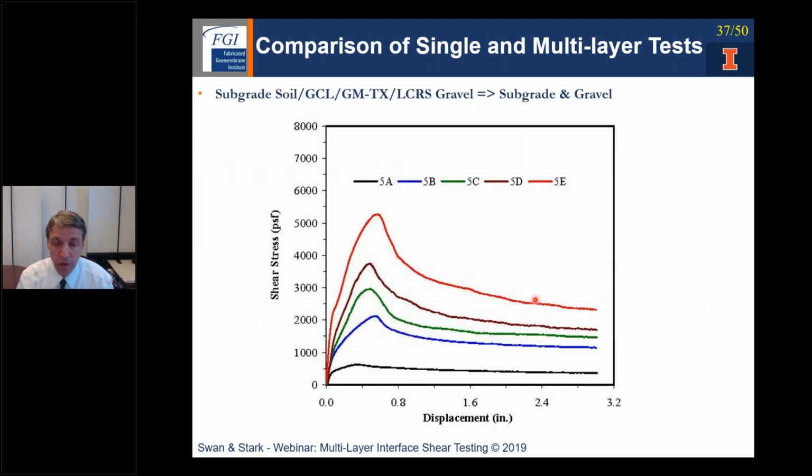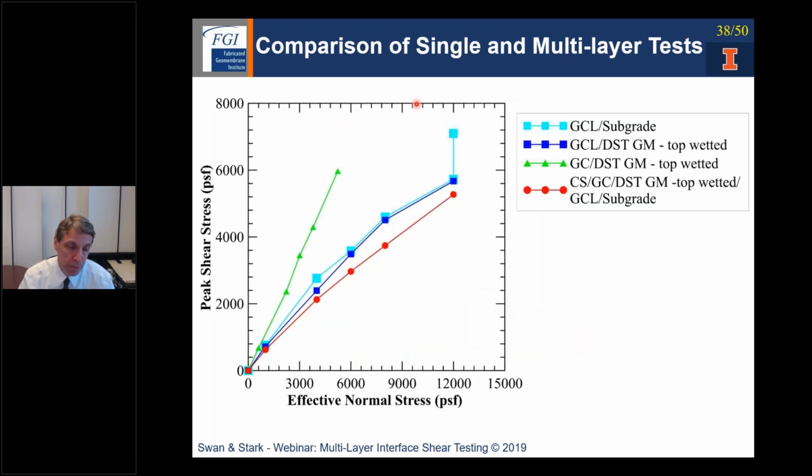Here is the multi-interface set for the same five normal stresses, and this multi-interface test has the whole sandwich: subgrade soil, GCL, textured geomembrane, and leachate collection and removal drainage media. So here's the comparison of the peak shear stress envelopes.